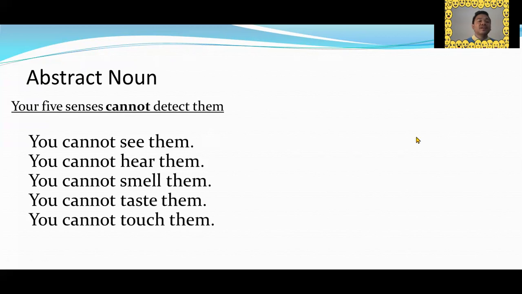So, like I said, you cannot see them, you cannot hear them, you cannot smell, you cannot taste, and you cannot touch. But before that, let's have first a short recap, a short review about noun. What is a noun again? Remember that noun is a name of a person, place, or a thing.